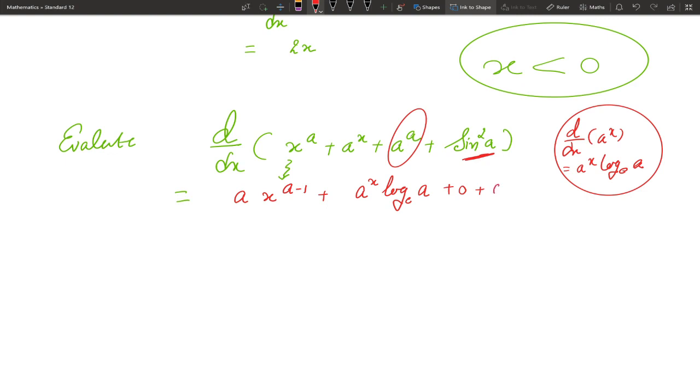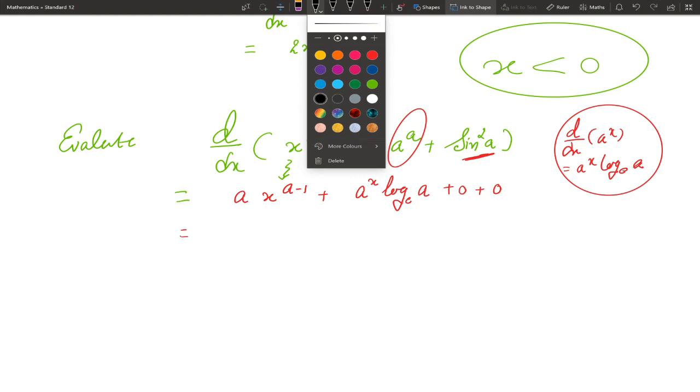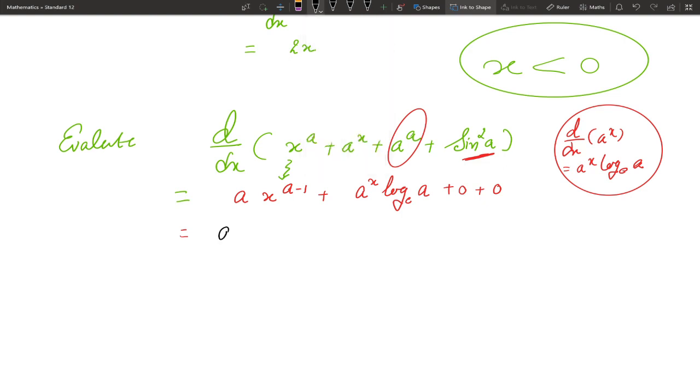So the answer is a x raised to a minus 1 plus a raised to x log a to the base e. Note that these two terms are constants, so the derivative is 0.